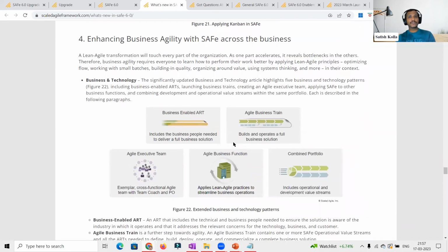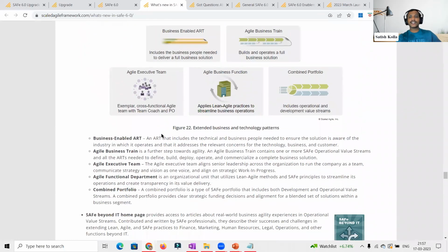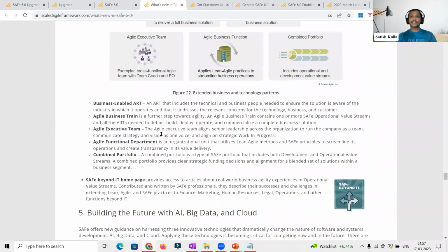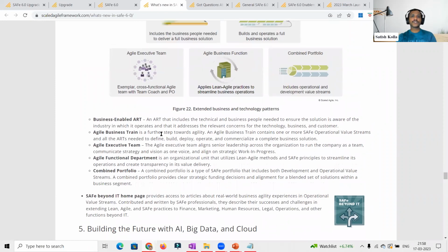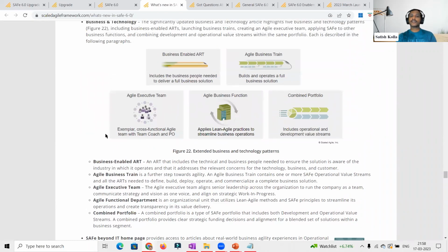Moving on, we saw some questions on the chat, but let's quickly complete this and then we'll come to the question and answers. Moving on, the business agility across the business. This is where the business function, executive team, and business enabled release train are clearly called out. These pointers give clarity on the implementation perspective, because half the time the implementation faces challenges due to lack of clarity or guidance in that aspect.